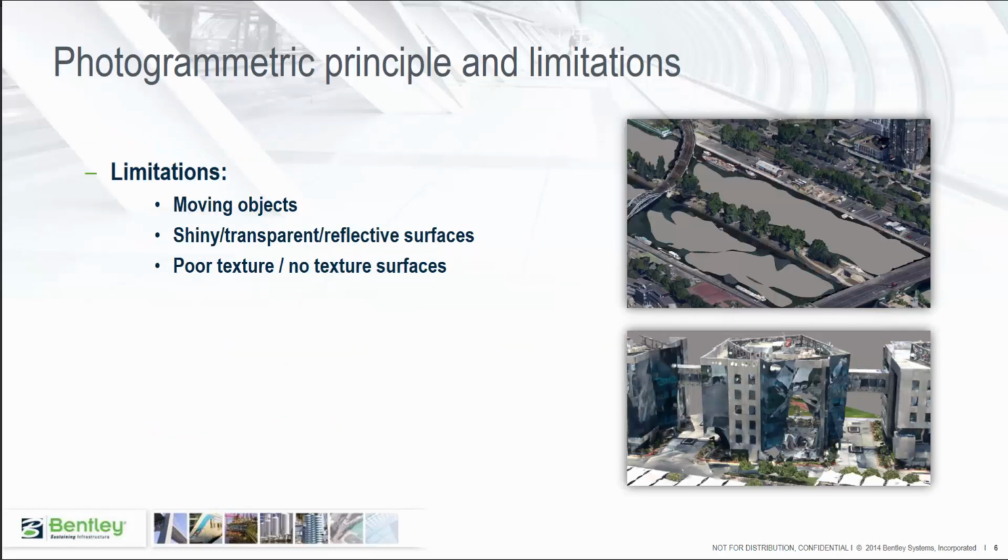The pixel recognition from one photo to another can be altered in some cases and naturally leads to the limitations of photogrammetry. There are three main limitations that we will review here. First, moving objects, then shiny, transparent, reflective surfaces, and poor texture or no texture surfaces.